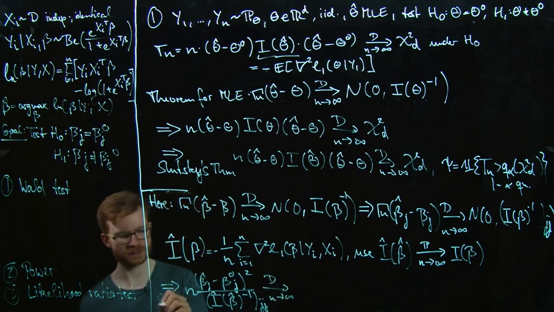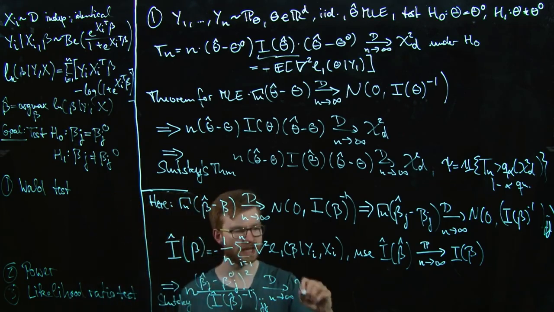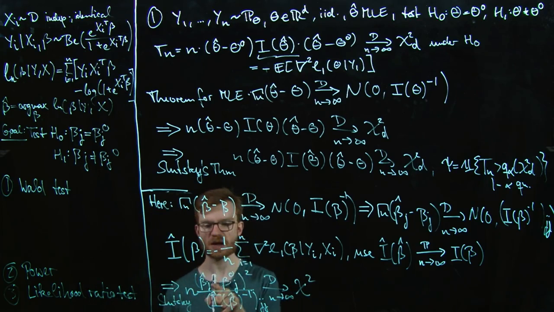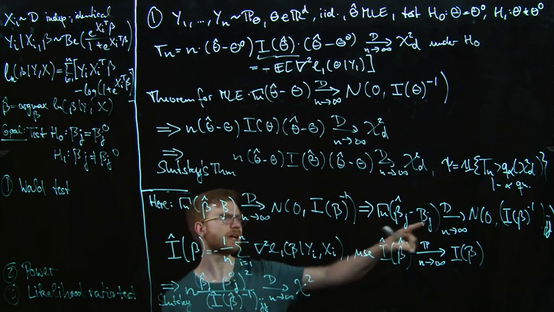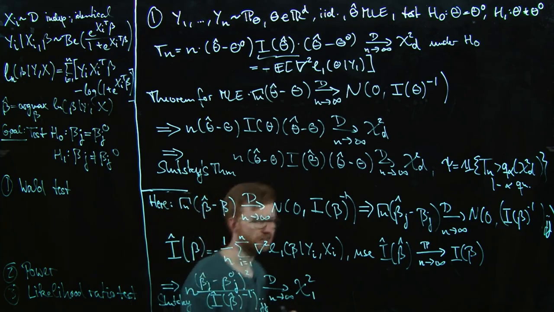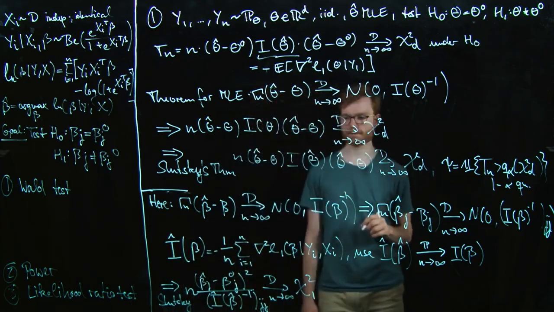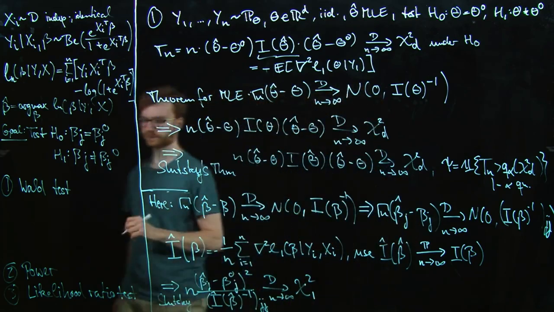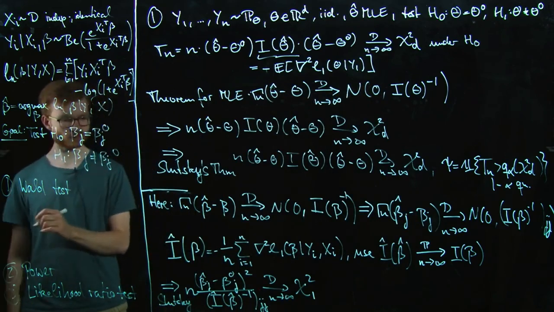goes in distribution by Slutsky's theorem again to a chi-squared. Now I have a one-dimensional parameter. I started with a one-dimensional normal distribution, so it's going to be a chi-squared distribution with 1 degree of freedom. So let's write this down. This is going to be my test statistic.